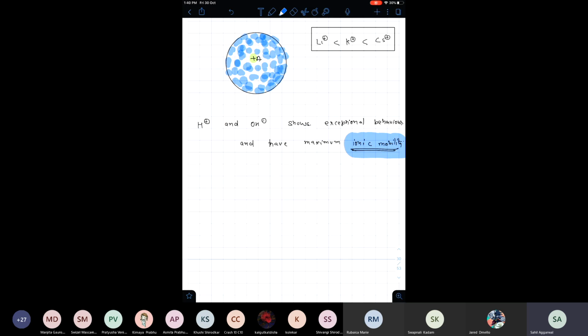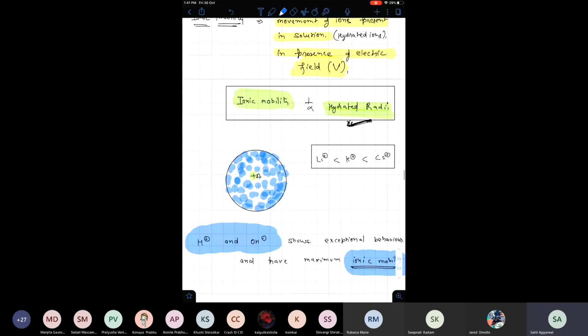Otherwise, H positive ion is very small. If it is very small, then it should have high hydration and low ionic mobility. But इसके पास maximum ionic mobility है. That is its exceptional behavior, explained by Grotthuss mechanism, but not required. Understood?